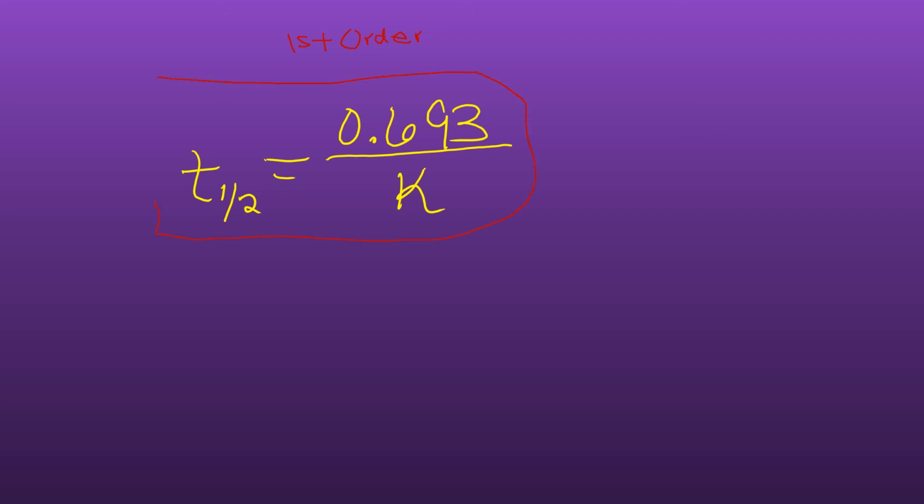But this is the only formula that's on your formula sheet, so it's really the only one you have to kind of know, and that is the half-life of a first order is equal to 0.693 divided by our constant K. So if we can determine our K, we can determine how long it's going to take for half of it to go away.